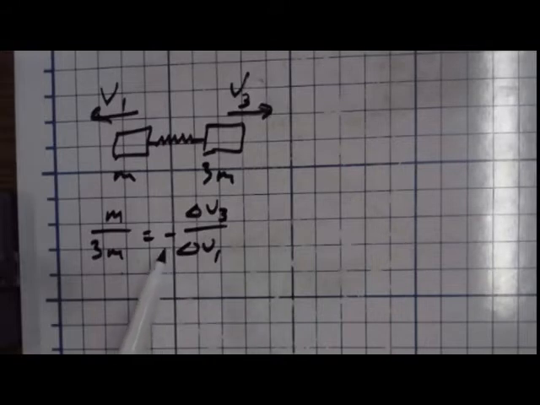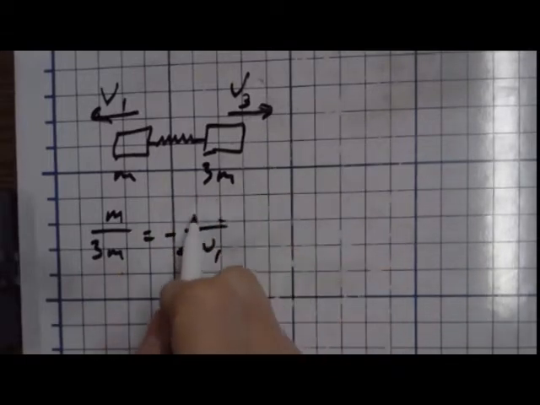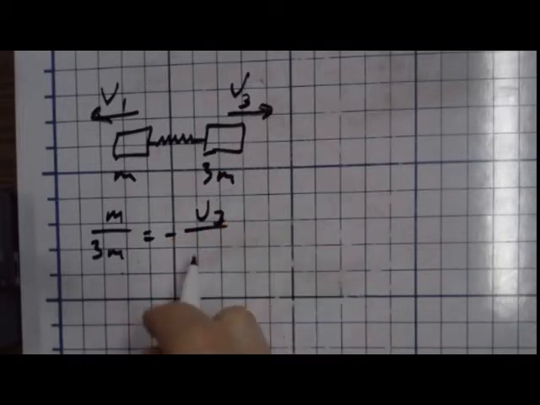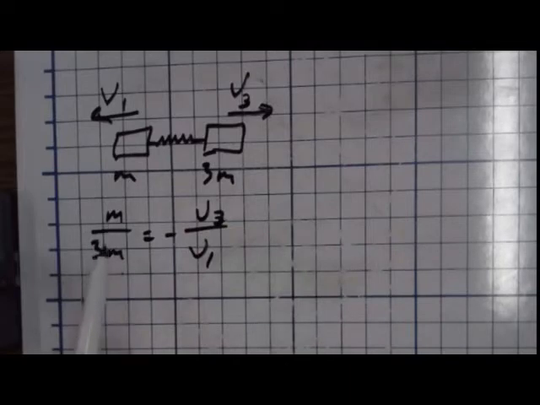Well, both of them start out at rest. So if they started out at rest, their initial velocities were 0. In that case, their changes are equal to their final values. So this is really saying that the final value of V3 and the final value of V1 are going to follow the ratio of 1 to 3. And those m's actually cancel out too.